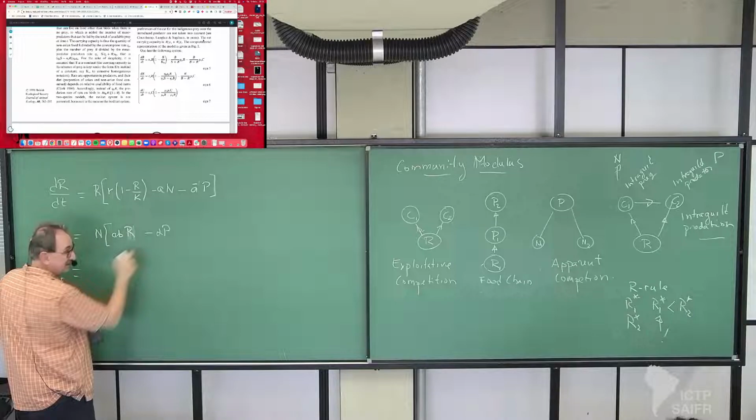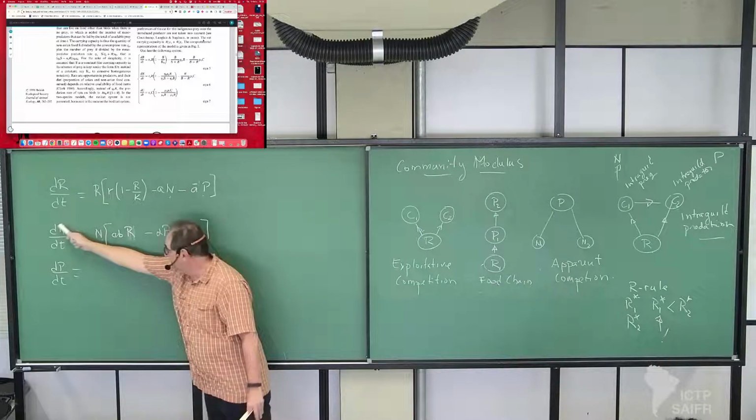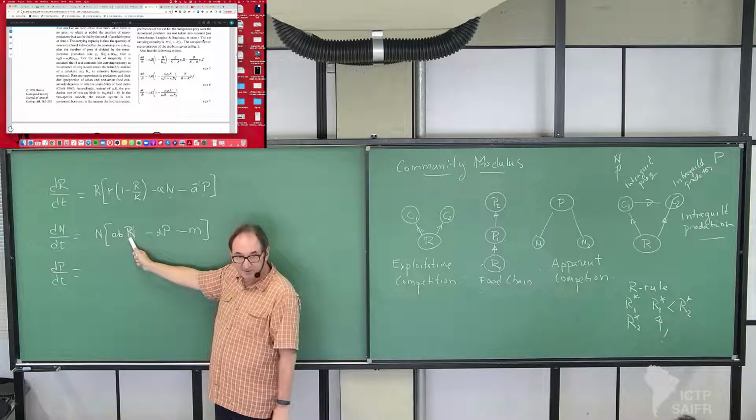Are all the terms clear? So I can repeat: it's logistic growth and consumption of resources by N and by P. Here you have growth of the intraguild prey depending on the resource, and then there's a term that will represent the depletion, the decrease of dN/dt due to the presence of the predator, and this is the natural death rate.